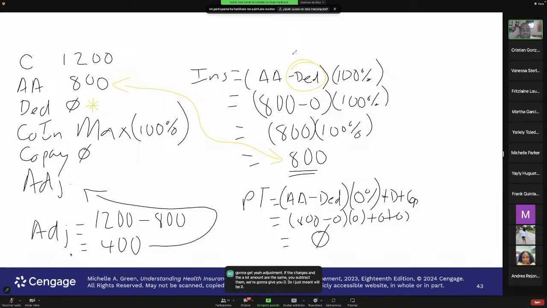In the case that the insurance covers at a maximum, it will be 100% of the allowed amount minus the deductible. If the deductible is 0, then the allowed amount will be the exact number as the payment for the insurance. If the deductible is not 0, and that's what we're going to do now, then it's going to be a different number. Okay, understood on that one?